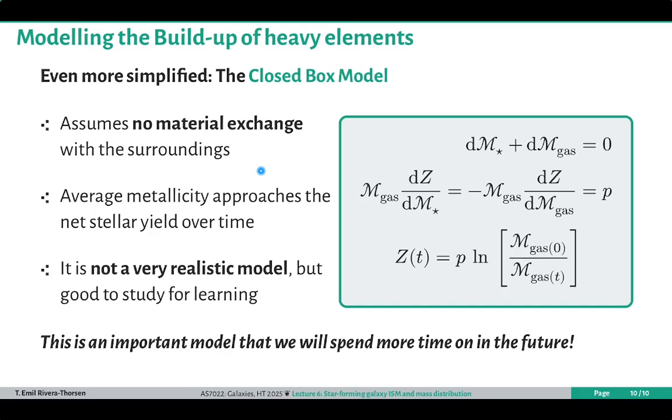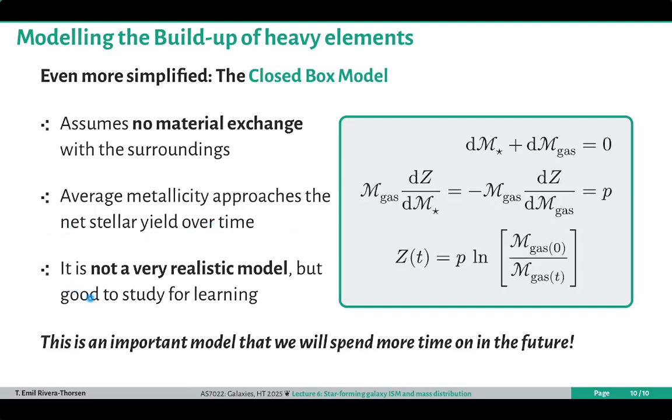There's no material exchange with the surroundings, and there is therefore no accretion from the IGM and so on. In this case, under these assumptions, the average metallicity will over time approach the net stellar yield, the total yield over time.